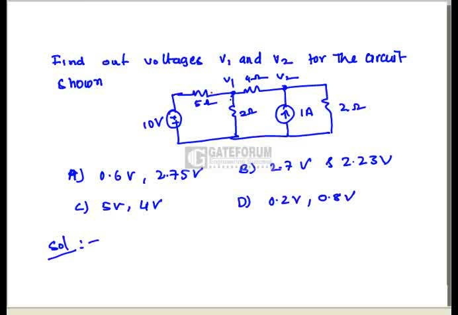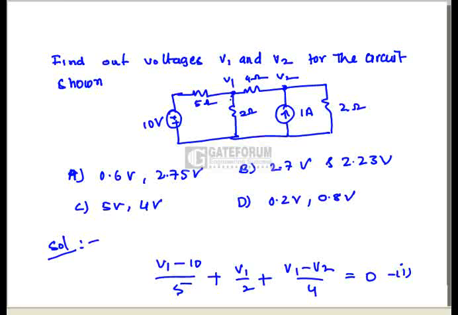In this branch the outgoing current is (V1 minus 10)/5, and here the outgoing current is (V1 minus 0)/2, or I can say V1/2, and then (V1 minus V2)/4, that is equal to 0. This is equation number 1.